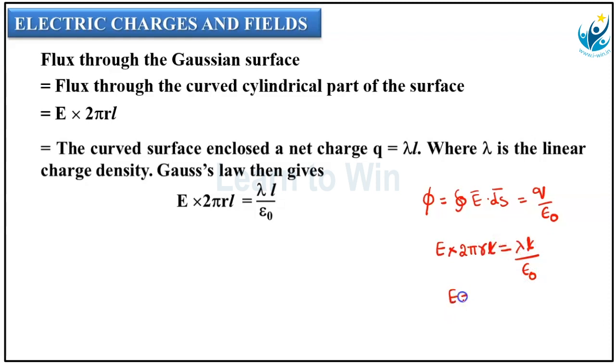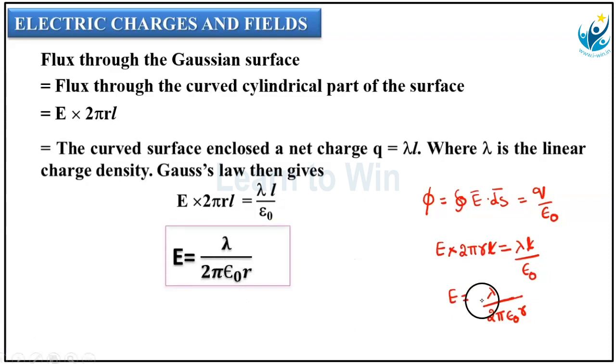Then E is equal to lambda by, bring this 2 pi r to this side, 2 pi epsilon naught r. This is the electric field intensity at a distance small r from a linearly charged wire. Hence, the final formula is E equal to lambda by 2 pi epsilon naught r.